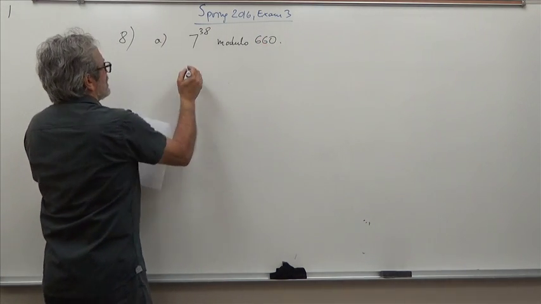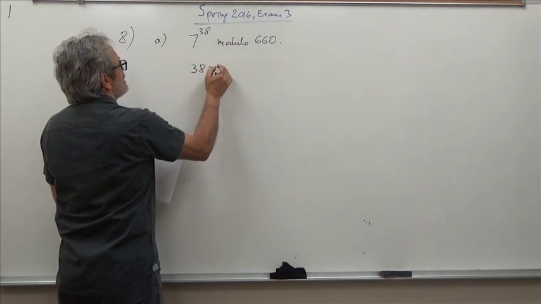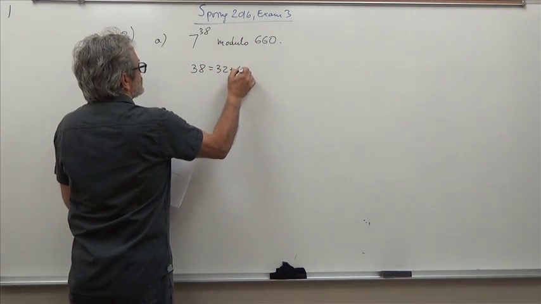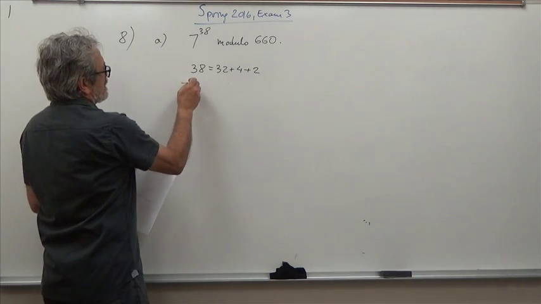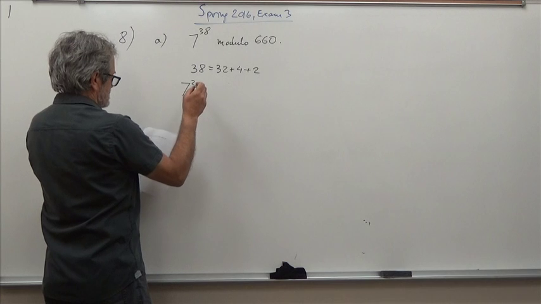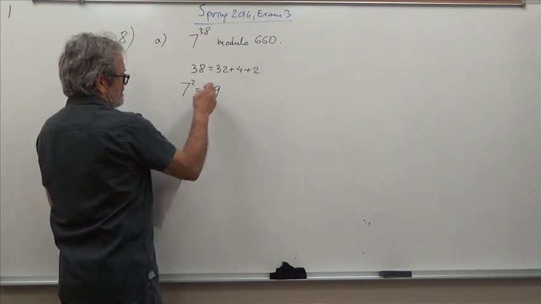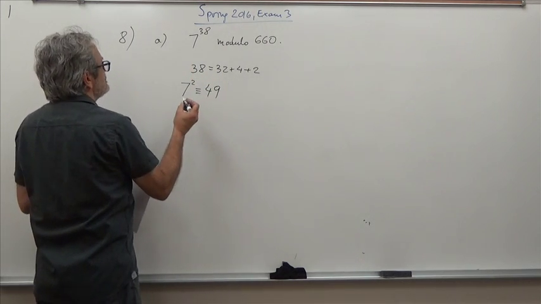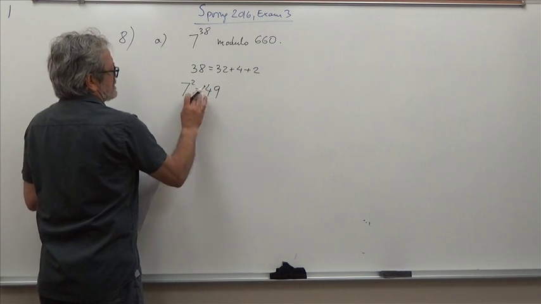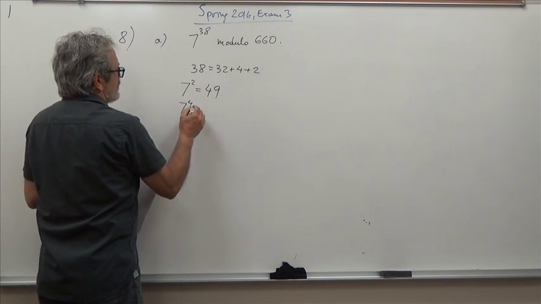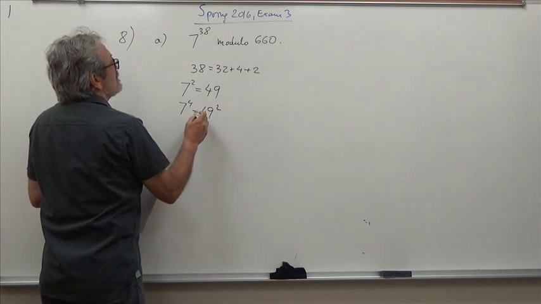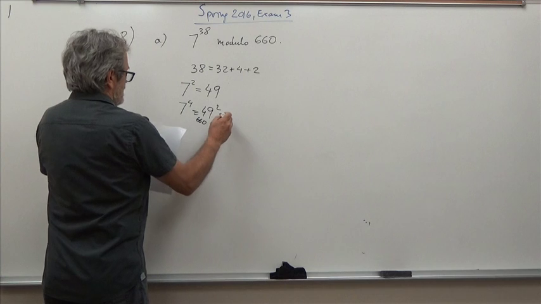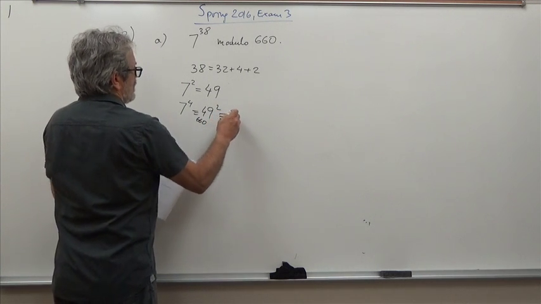We generally wrote 38 in binary, and that would be 32 plus 4 plus 2. And then we calculated powers using calculators, so 7 squared is congruent with 49. You remember how, 7 squared is 49. And then 7 to the 4th is congruent with what? 49 squared modulo 660, and that's congruent with 421.